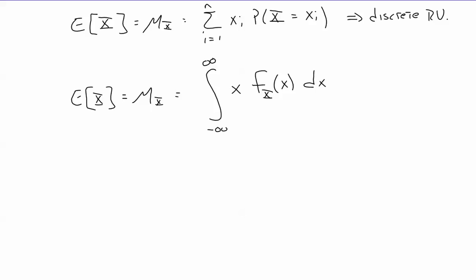So my summation becomes an integral, my discrete values become a variable, my discrete probabilities become a probability density function, and I average. This is actually true for both discrete and continuous random variables, but it is most commonly used for continuous random variables.